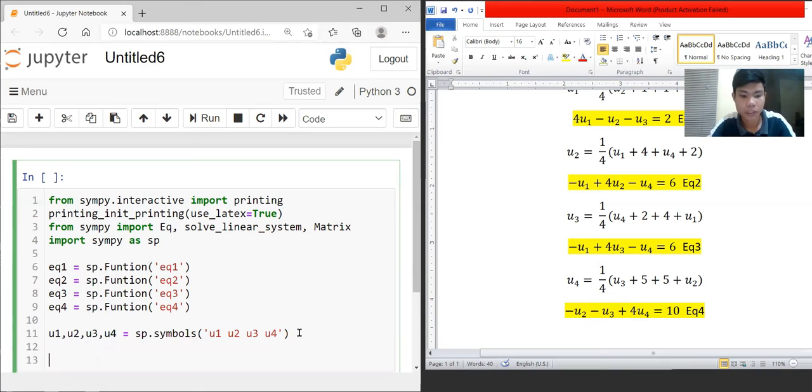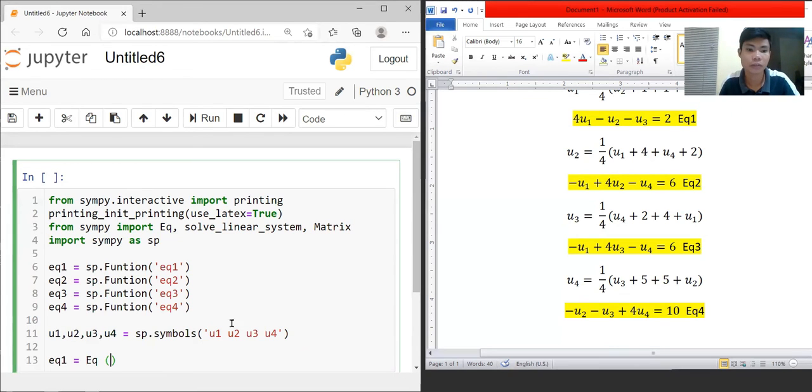So next, after natin ma-define ang ating equations and ating variables, ilalagay na natin yung ating equation. So ating equation 1, this one.